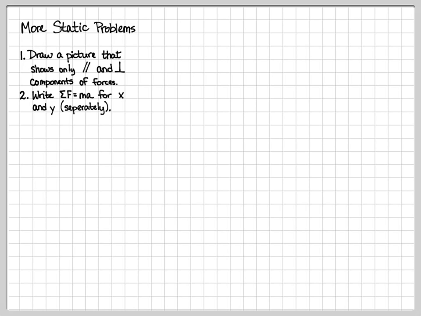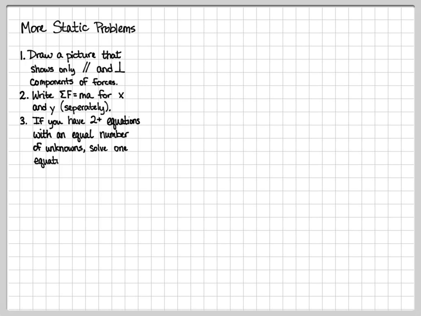The third step is a lot of words. It seems complicated. If you have two equations and two unknowns, you'll solve one equation for one variable. So you'll have x in terms of y, and then you'll plug that back in to your other equation.